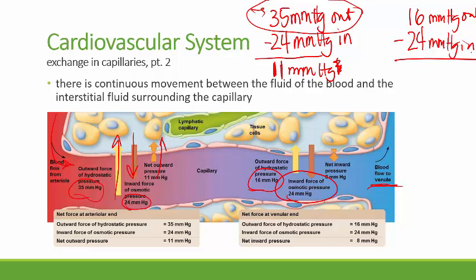So we do the same calculation, and if you do the math correctly, you should find that there's 8 millimeters mercury pressure, Hg, that is this time negative. So that means that if positive is outflow, then negative in this case is inflow.